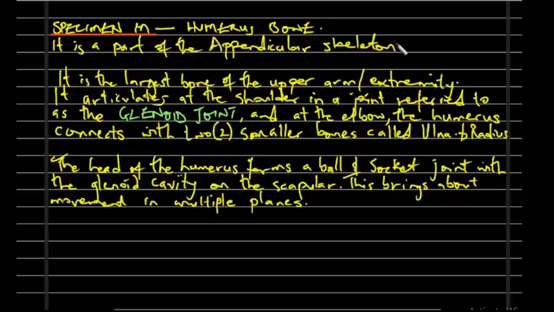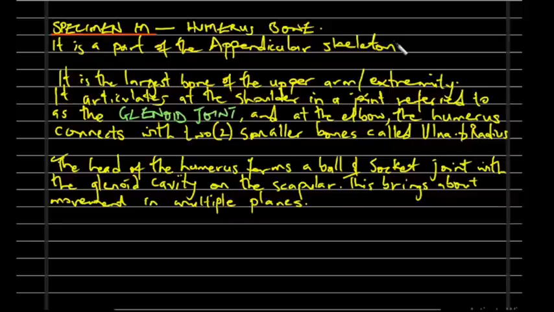Now the head of the humerus is ball-like, and so it fits into a socket. So we call that particular joint a ball and socket joint, because the head fits into the socket perfectly, and this joint, the glenoid cavity, permits movement in multiple planes, and that is why we are able to move that part of the body in relatively all planes.